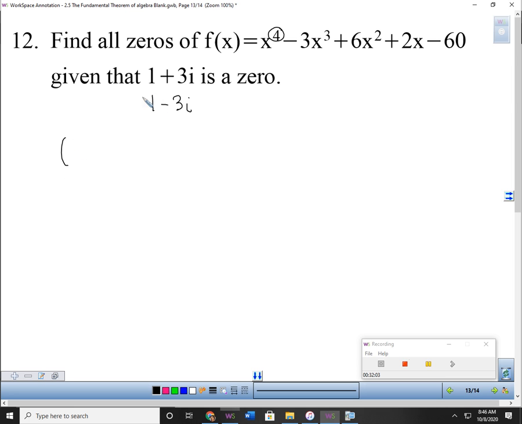So I've got x minus 1 minus 3i, because you have to change the sign of both of those. And then same thing for this other one, x minus 1 plus 3i. So I've got x squared, and then x times negative 1 is negative x, and x times 3i is 3xi.